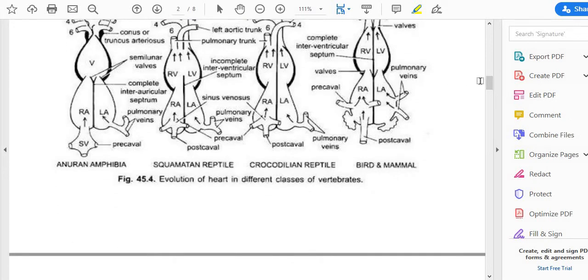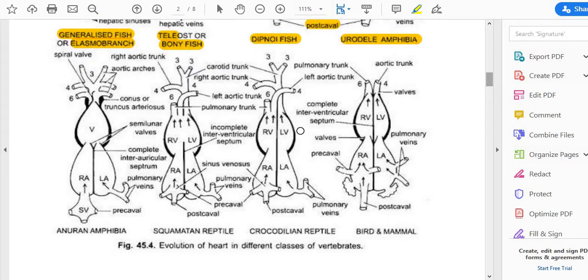So here the auricles are completely compartmentalized into right and left auricle, and the sinus venosus is also present as an accessory chamber of the heart. From the right auricle and the left auricle, the heart continues with the ventricle.